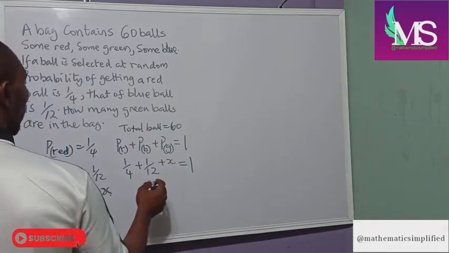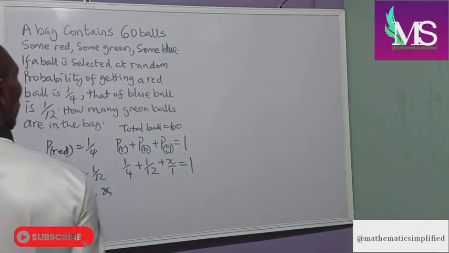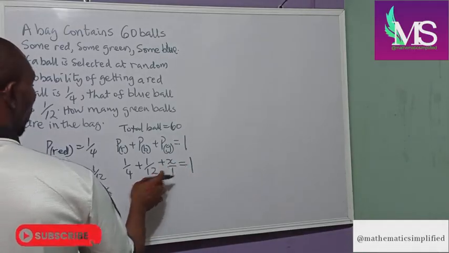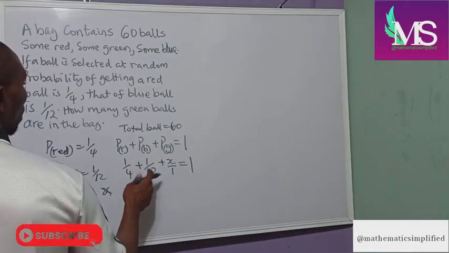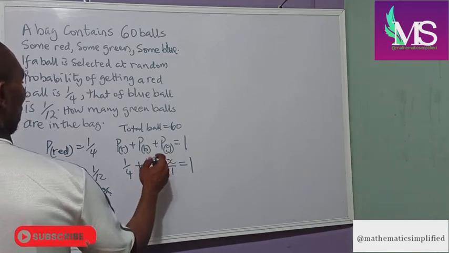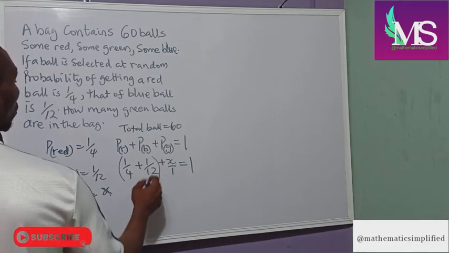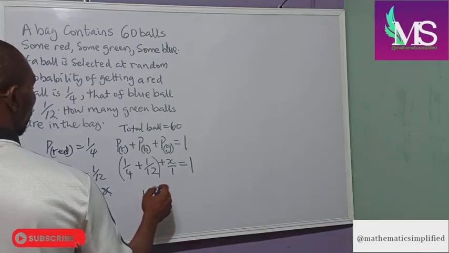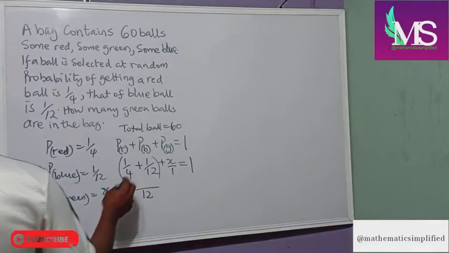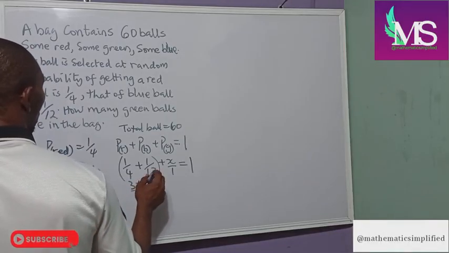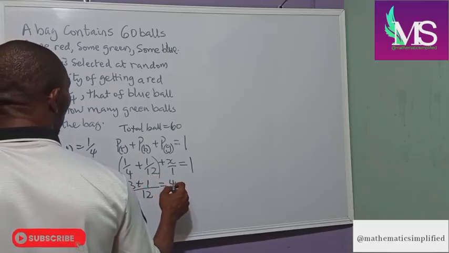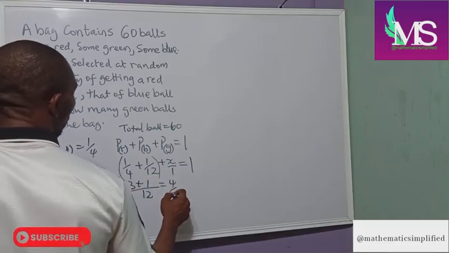So we can find our LCM. Let's add these two together. Our LCM here will be 12 over 4 here, 3 plus 1, which becomes 4 over 12.